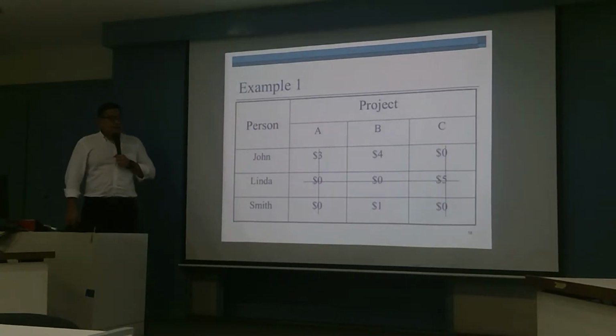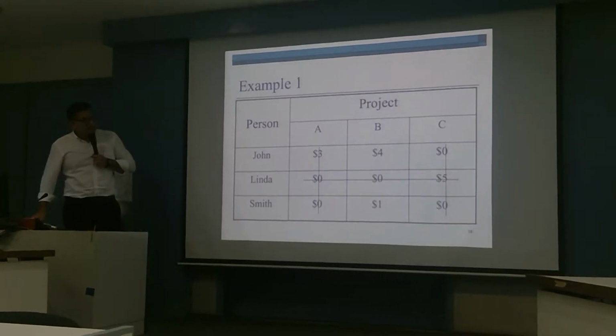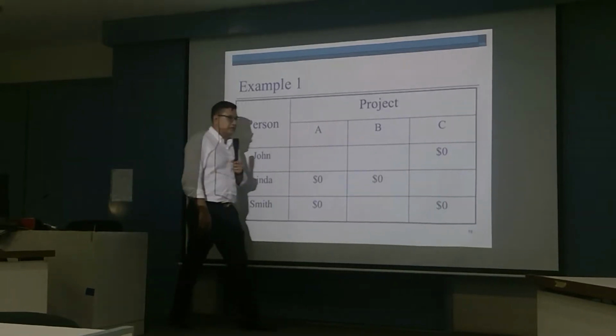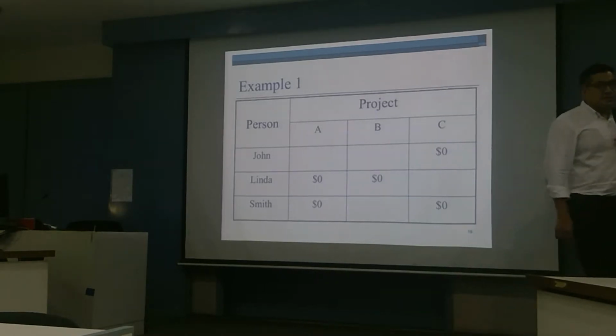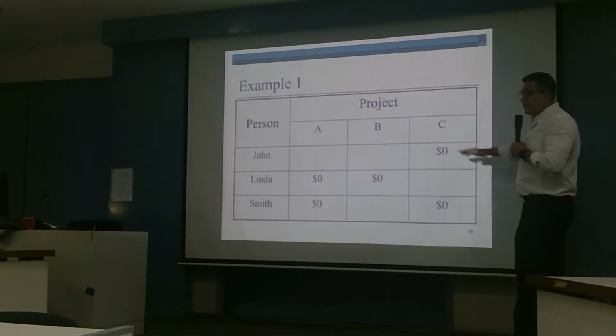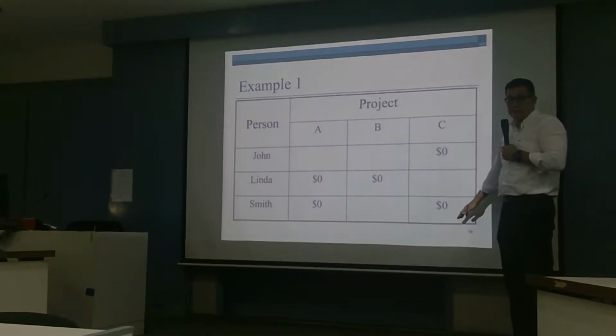And the way that we know the answer is that we look at the positions of the 0 values in the table. So this is the position of the 0 values in the table. And the way we specify the answer is that we consider one by one, each row and each column.